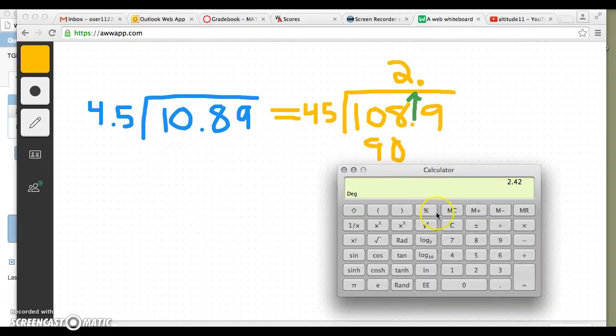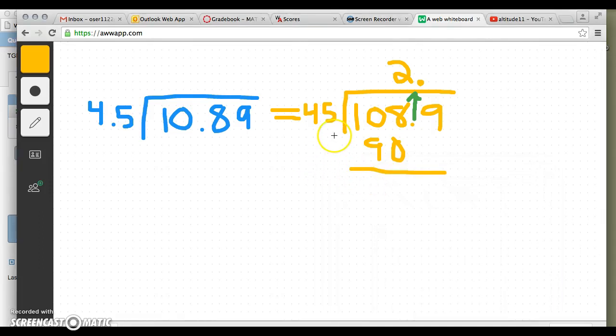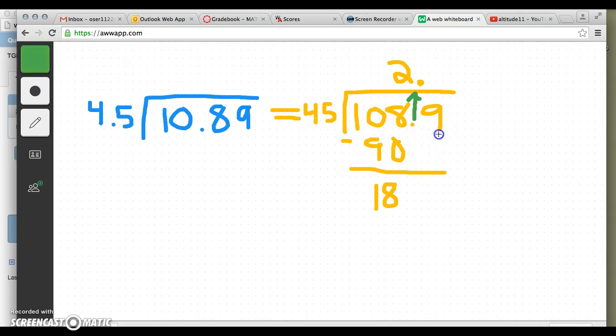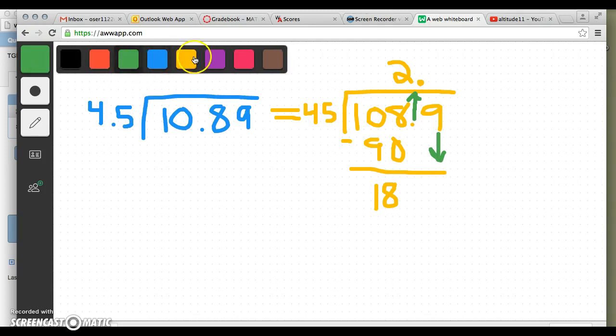Let's make sure we don't make any mistakes here. We have 108 minus 90 equals 18. Right, we are subtracting here. So that is 18. And of course, we now need to bring down the next value, which in this case is our 9.